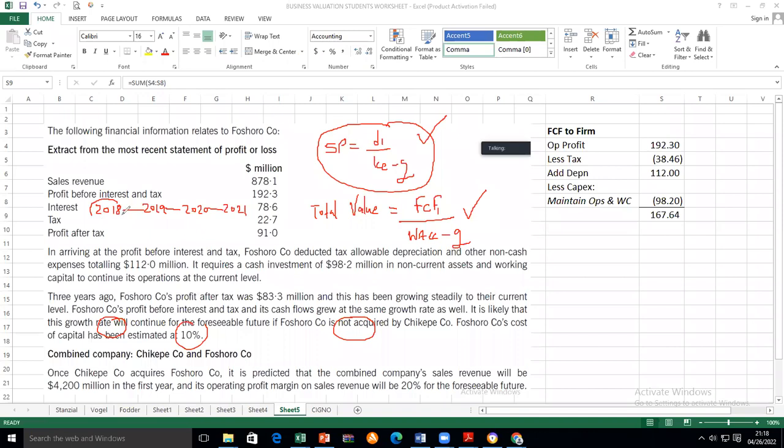So 3 years ago, the figure was what? 83.3. This figure has grown 1, 2, 3 years to what value? 192.3. So what is the average annual growth rate? And this is what we can expect in the future. So the average annual growth rate is calculated as what?